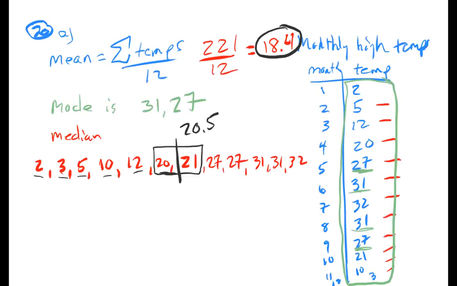Now, the other thing that maybe you would have learned about yesterday when reading through that lesson was a 5-number summary. A 5-number summary for a data set is 5 numbers that will help us come up with a box and whisker plot.